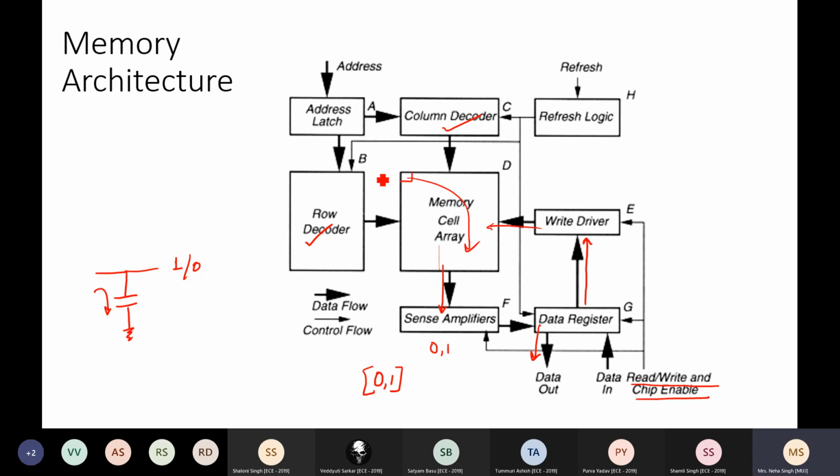Even if it is identified, the error may be in the sense amplifier, which may not be able to detect correct value of 0 or 1. Even if I am able to read, the write driver may not work properly. It may not be able to transit from 0 to 1 or from 1 to 0. So there are so many possibilities of faults which all need to be catered.